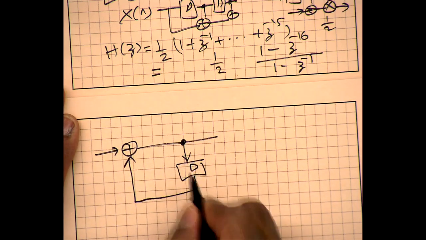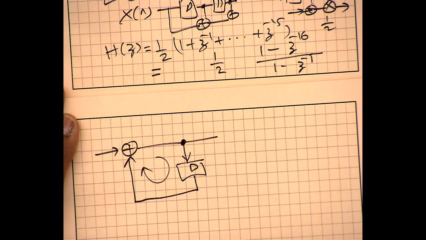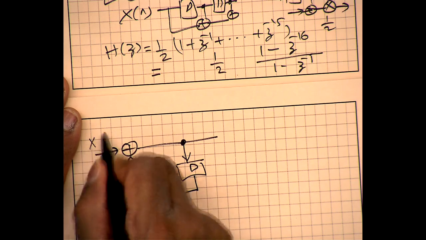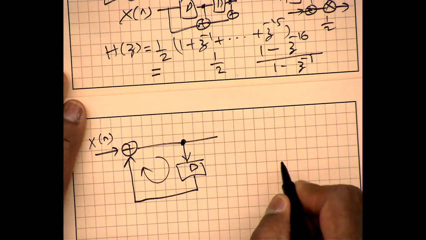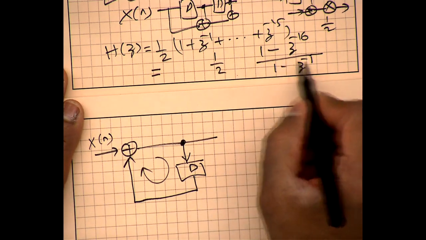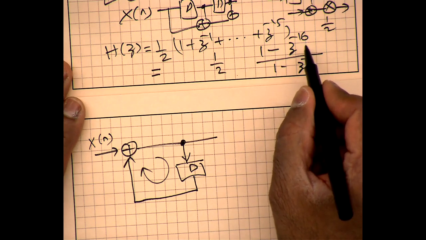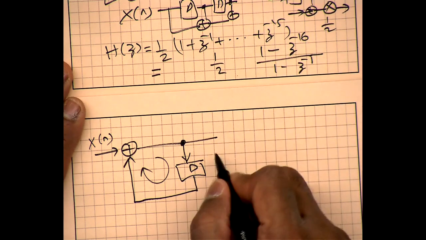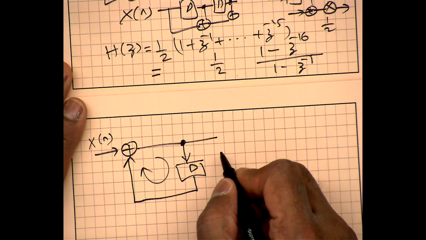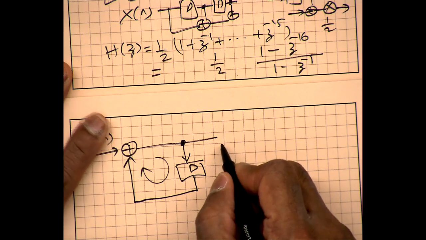So that's essentially 1 over 1 minus z to the power minus 1. So that's input x[n], and then we have 1 minus z to the power minus 16.